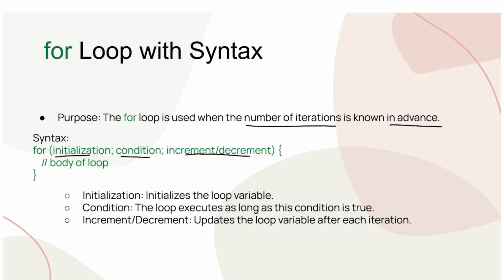So the syntax is for, use a pair of parentheses, give an initial value, semicolon, specify the condition, semicolon, change the value of the counter variable which was initialized. And then you will start the block of code, and here you will write the body of the loop which should be executed.